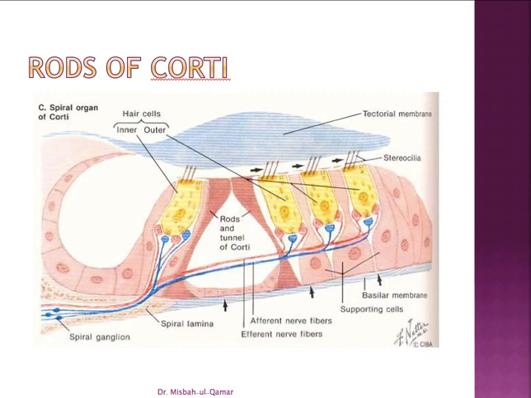The pillar cells form a series of arches which enclose a triangular tunnel which is called Corti's tunnel. The basilar fibers, the rods of Corti and the reticular lamina form a rigid unit, and they move as a single unit.